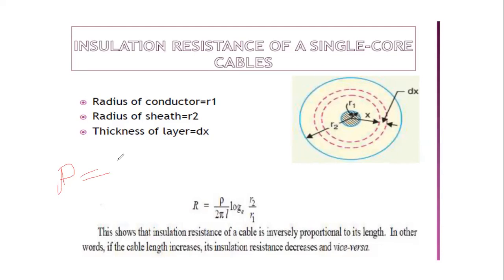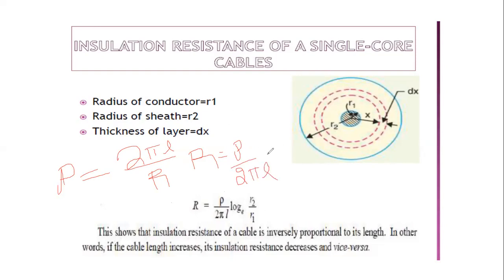We already know the formula for resistance. By using this formula, we write down the formula for resistance: resistance R is equal to rho by 2 pi L.